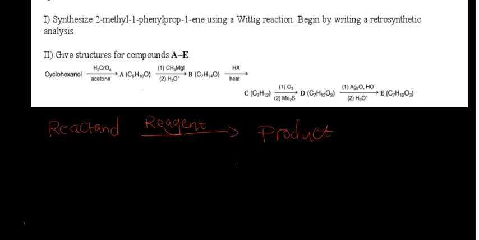So how to draw this one? We know that we have a prop. A prop has 3 carbons. Then we also have a methyl on carbon number 2, and we have a phenyl group attached to it.